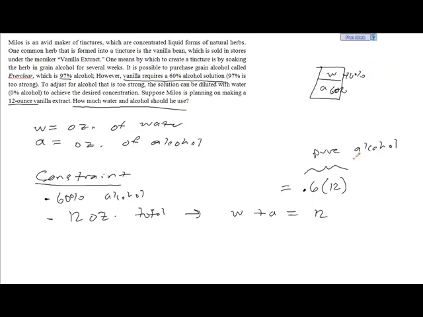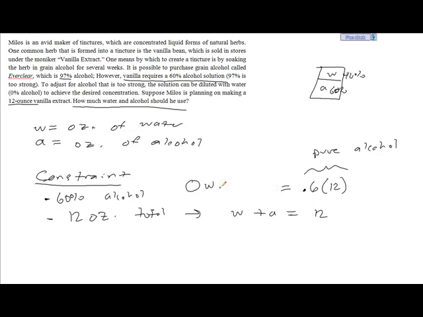Okay, well, we need to make sure that we add the right amount of this stuff, because the problem lies therein that we don't have 100% alcohol, so we can't just add 60% of alcohol and 40% of water. We need to account for the fact that this isn't exactly 100% alcohol. Okay, well, how does this work? Well, the contribution of water to this is going to be 0% alcohol.